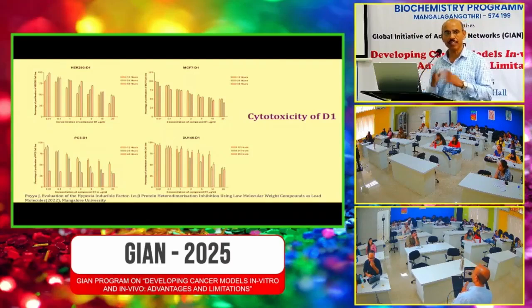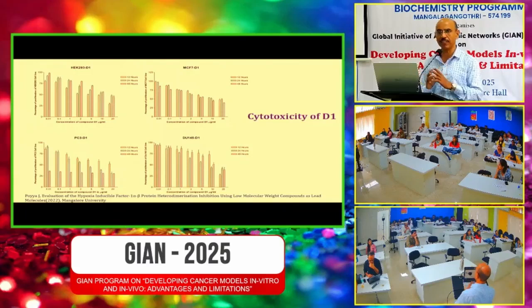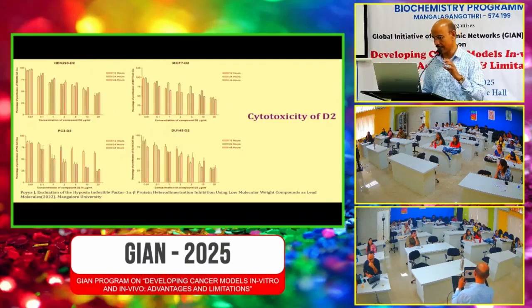So we selected those cancer cells and found the cytotoxicity. Of course, we got cytotoxic activity of the drug, and when we compared this with the non-cancerous cell, it did not show that much activity. That means it is not that toxic to the non-cancerous cell compared to the cancerous cell.